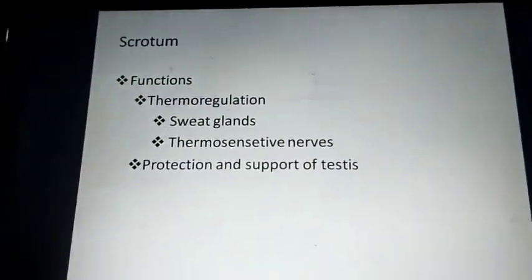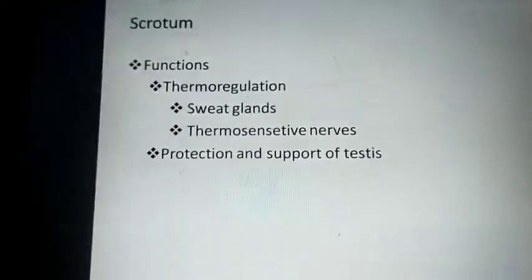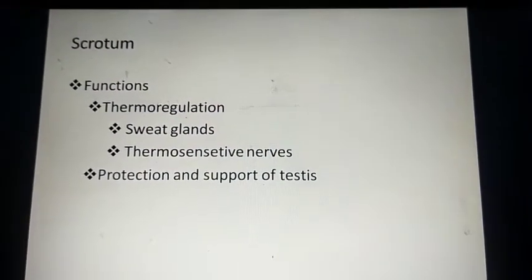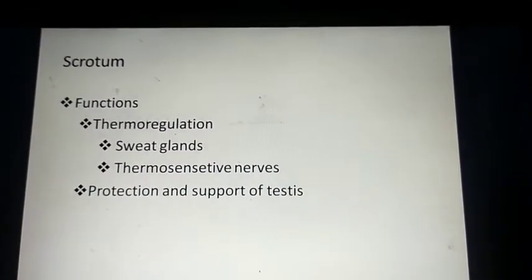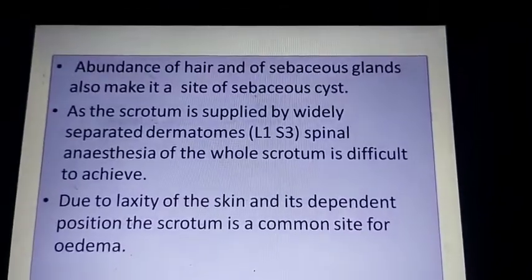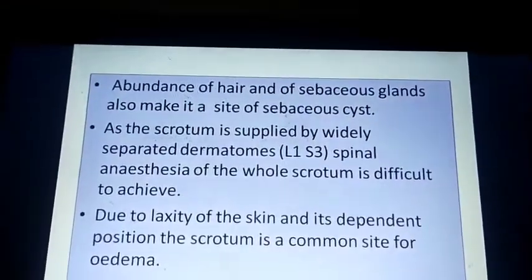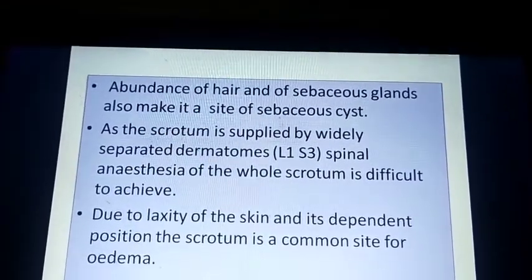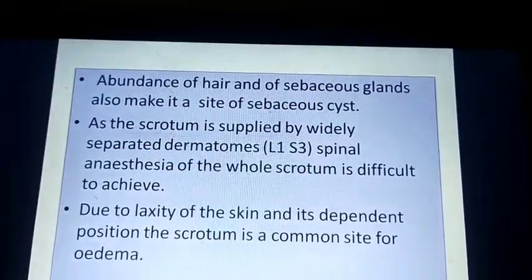These are the functions of a scrotum. The abundance of hair and sebaceous glands also makes it a site of sebaceous cyst.